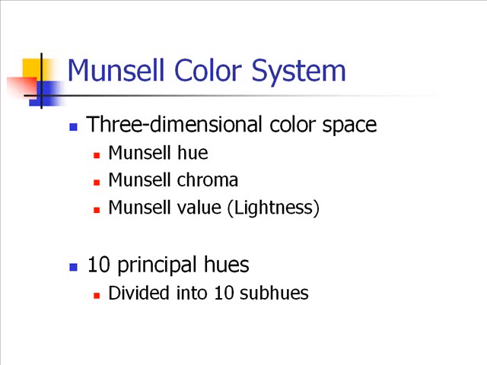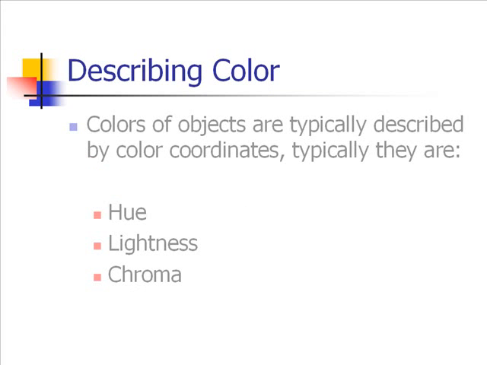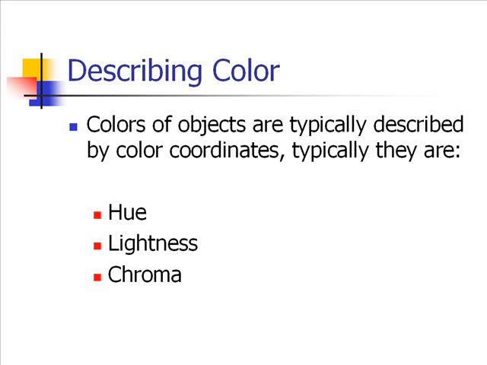If we look at our model, each page represents a different hue. You could say blue, or reddish blue, greenish blue. You couldn't say yellowish blue. It's not just a single name for a hue, but there are modifiers on there. Hue is that attribute of color which makes it appear red, yellow, green, blue, or a combination of those colors. I think everybody understands what hue is.